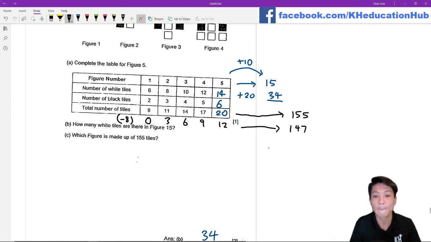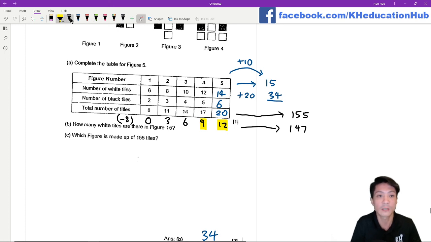147. Now if I divide this by 3, I'm going to get 1, right? Divide this by 3, I'm going to get 2. Divide this, I'm going to get 3. And see that whenever I divide by 3, I get a number which is 1 less than the actual figure number.